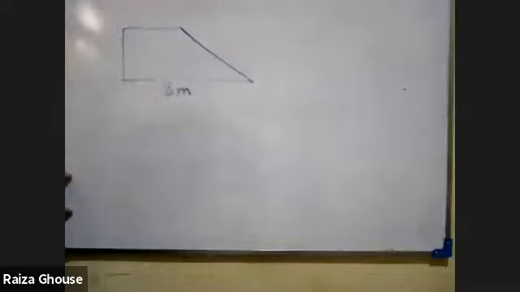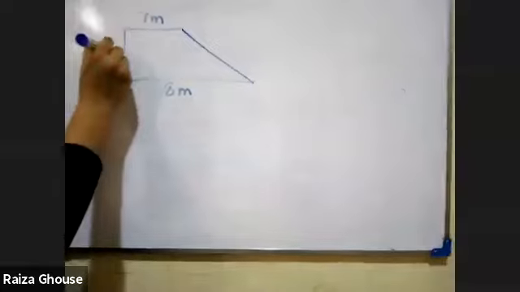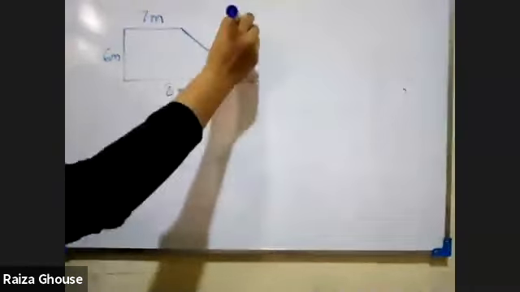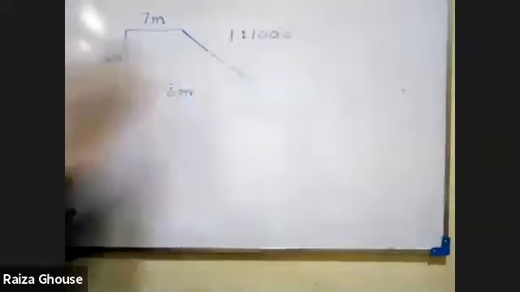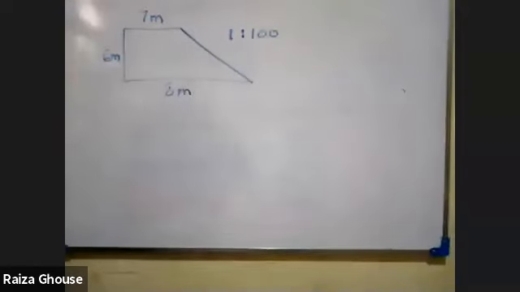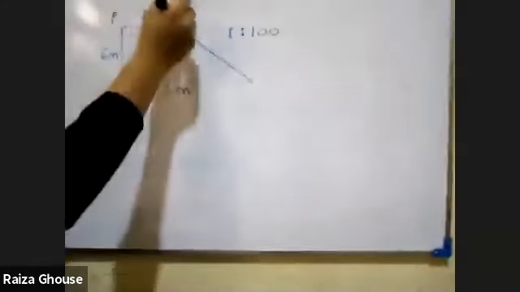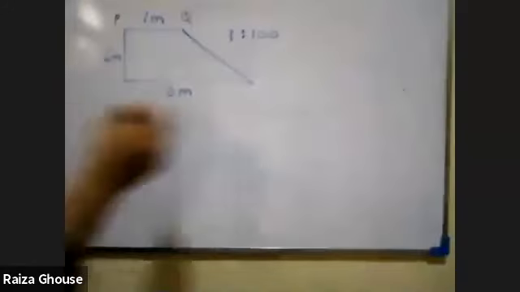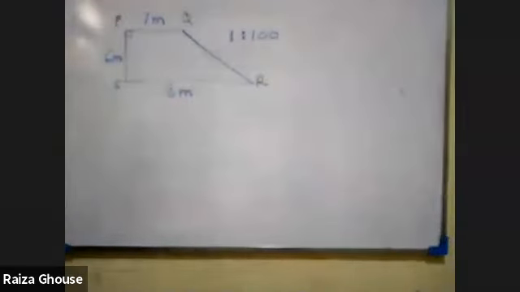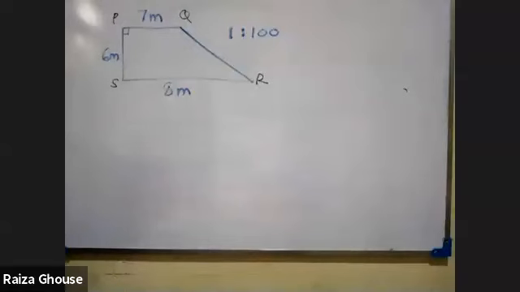So these are real lengths, okay? 7 meter, and here 6 meter. I'm going to give you a scale also. Use this scale, 1:100. Use this scale and find. Then later you have to draw your diagram. After you find the scale length, draw according to that measurement.